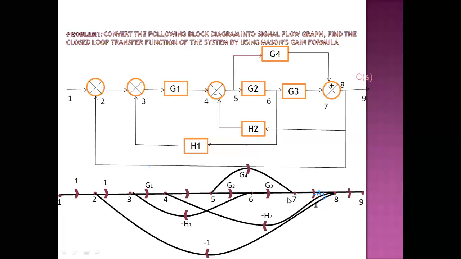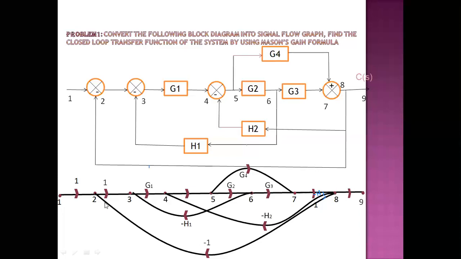So there are two forward paths in this signal flow graph. Next step is to identify the number of individual loops. Starting from node 2, traversing through this forward path, we reach node 8 and come back to 2.